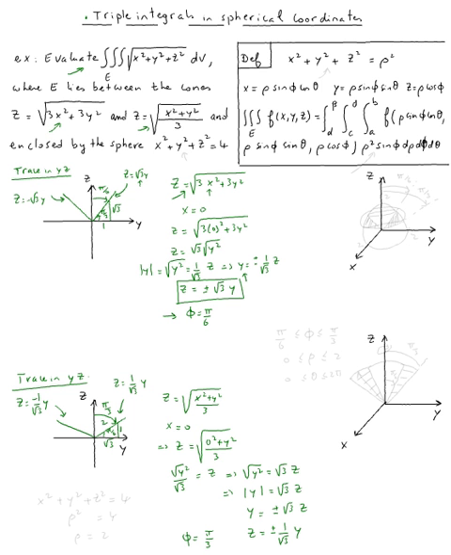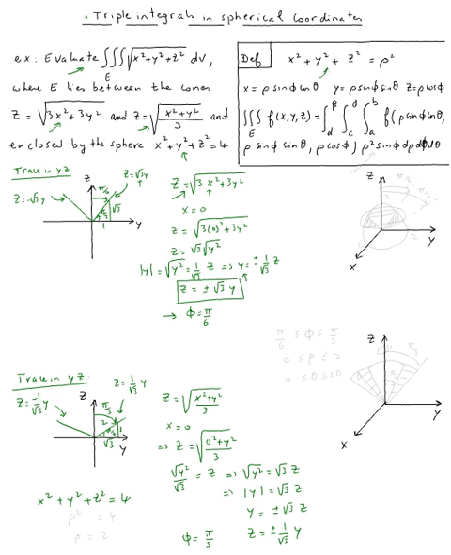Alright, so now let's sketch our solid. We know our solid goes from, so let's do first the sphere. The sphere is x squared plus y squared plus z squared equal 4.